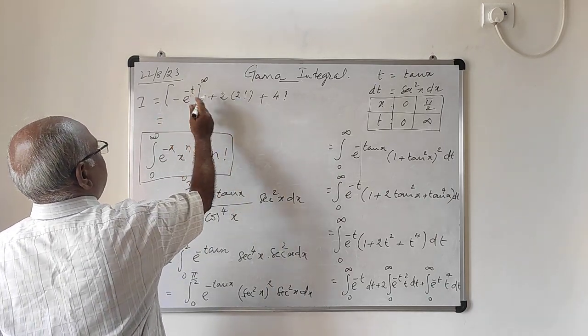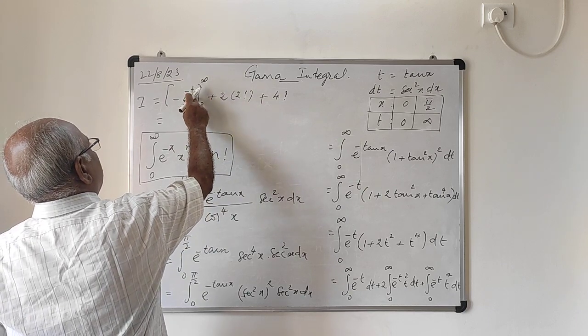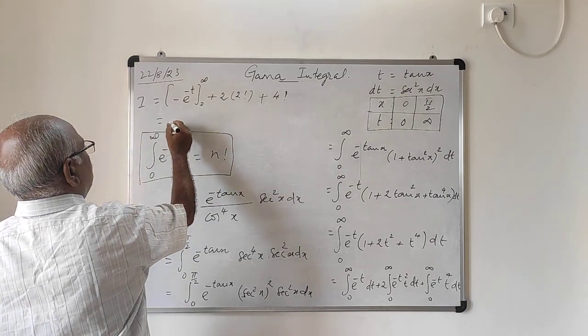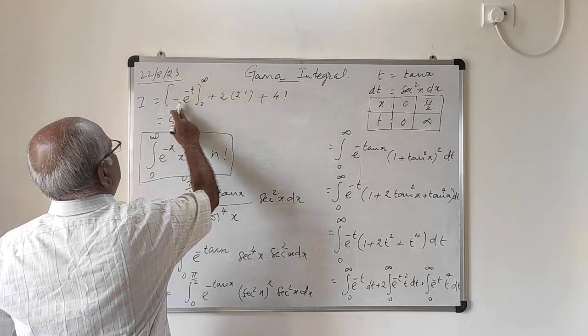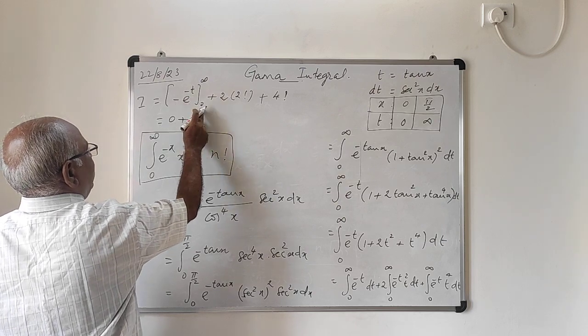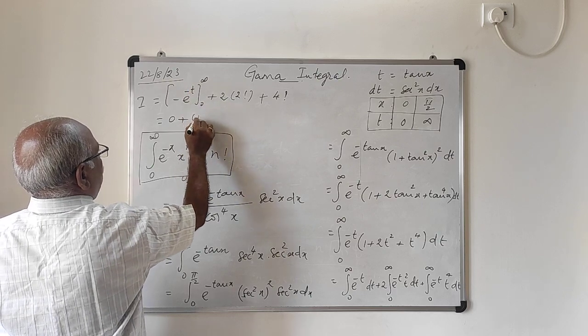Applying the limits: at infinity, e power minus infinity is 0, and at the lower limit 0, e power 0 is 1, so minus of minus becomes plus 1.